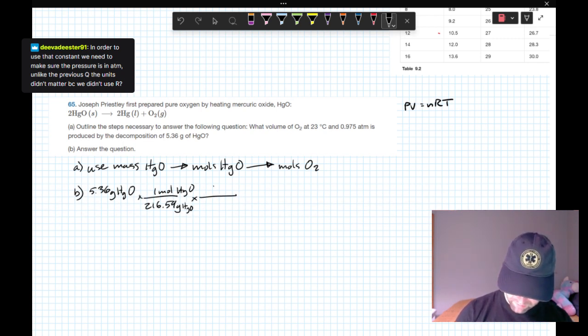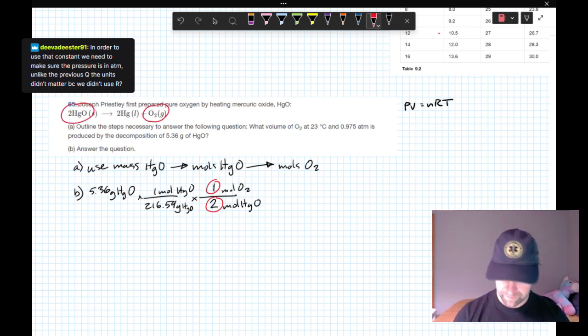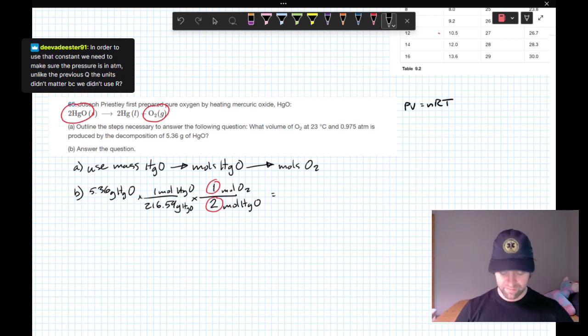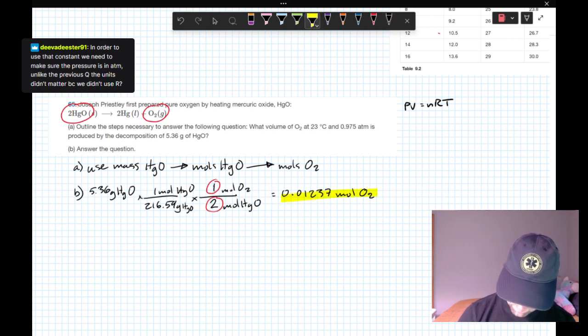And per mole of oxygen gas, there are 2 moles of mercuric oxide in our balanced equation. So now you have a simple formula that you can punch into your calculator in a single step, and you should get moles of O2.